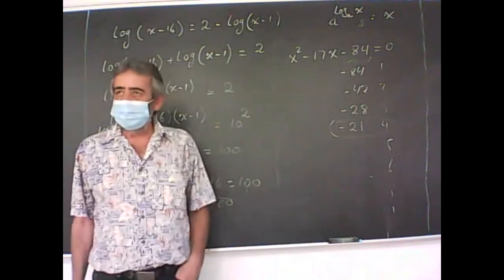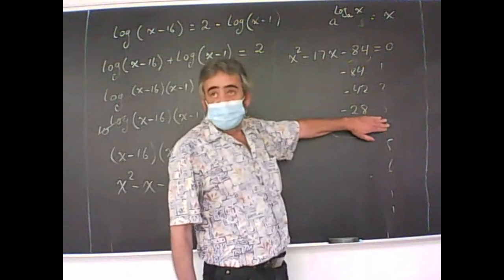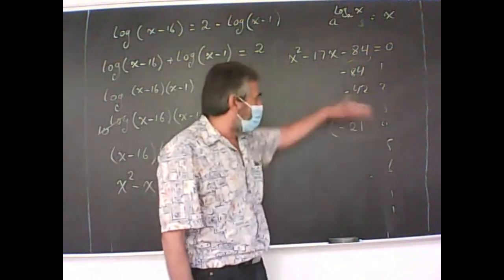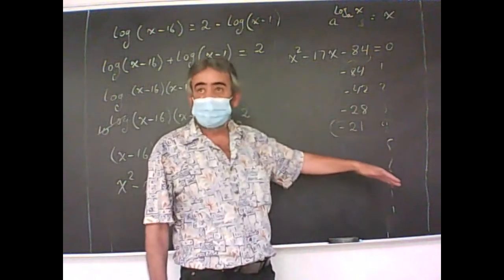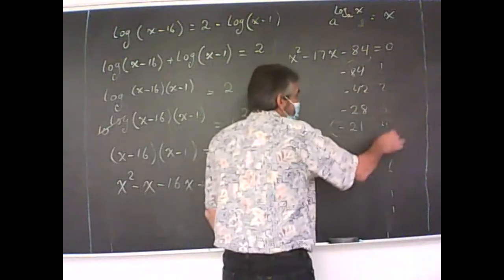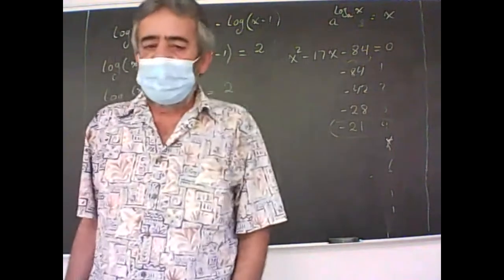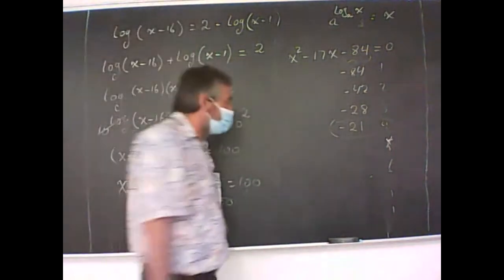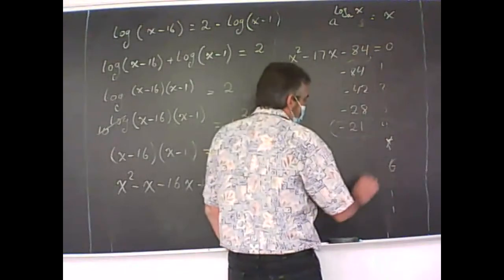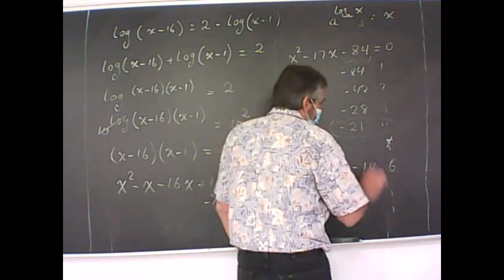I stop here. Now, if these were not my numbers, that means I would need to continue. Let's ignore these two for a second. 5, I cannot use it because there is no number you multiply by 5 to get 84. 6, however, gives me 14.